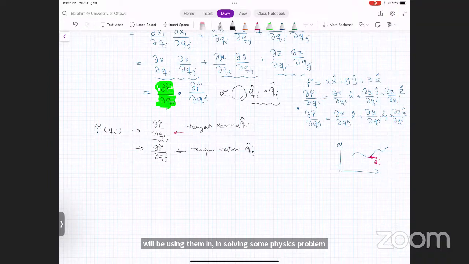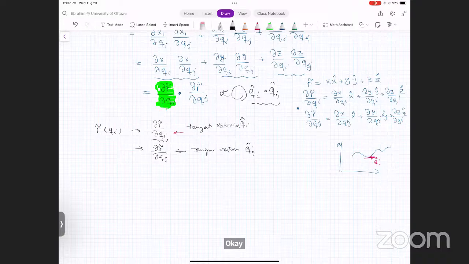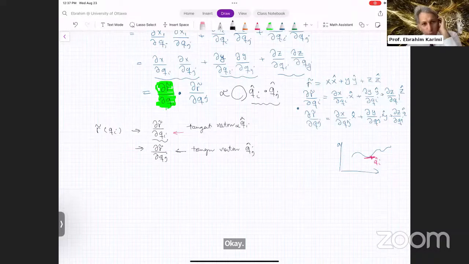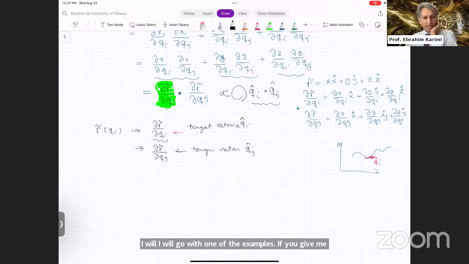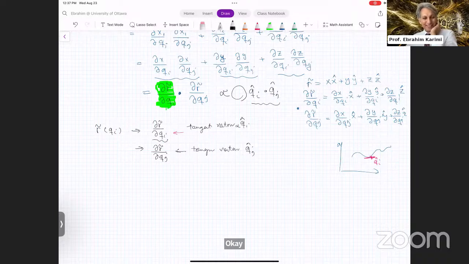Question: could you please give a physical interpretation of what you have just done? Yes, I will do that. I will go with one of the examples. If you give me the time to derive the gradient, divergence and curl, then I will go with some physical examples.